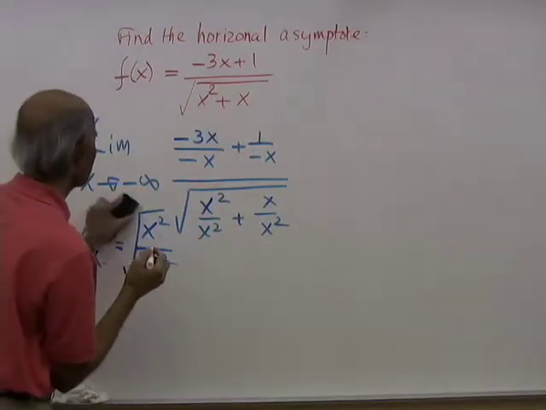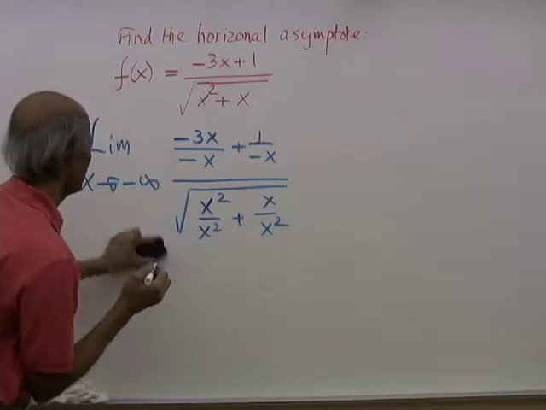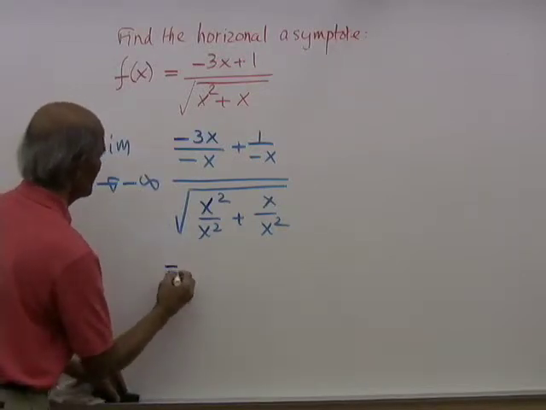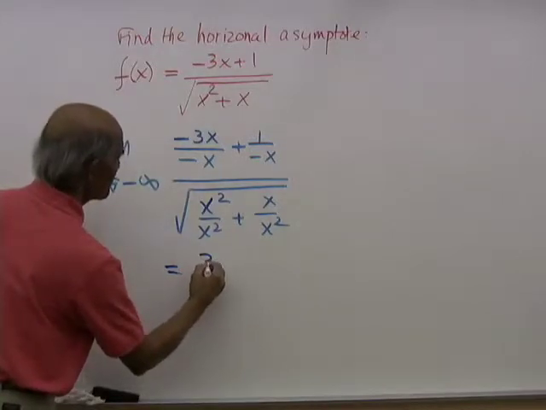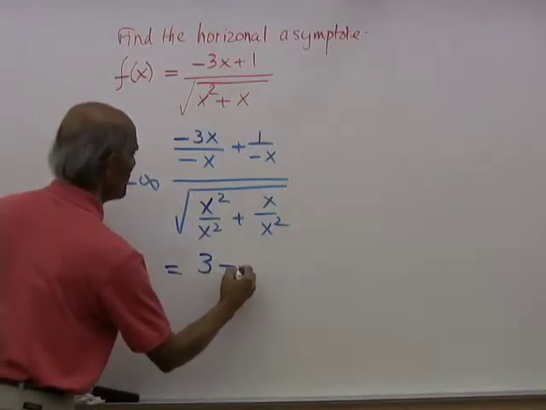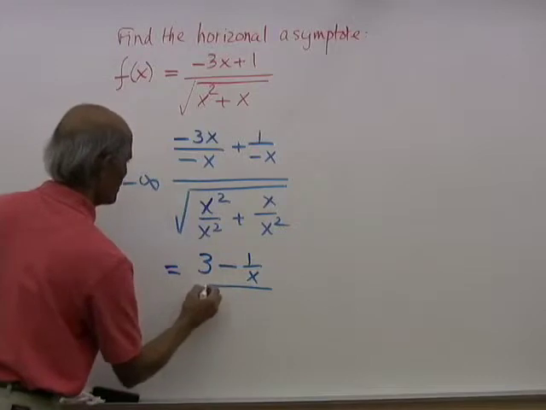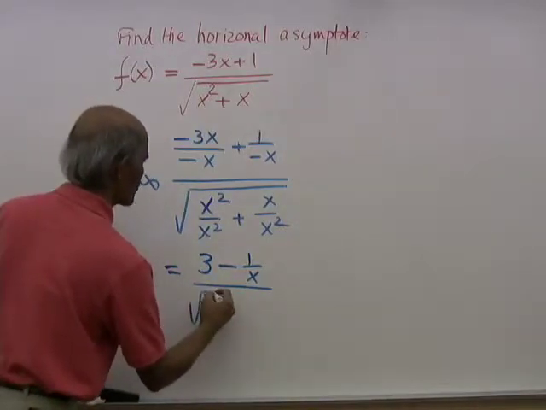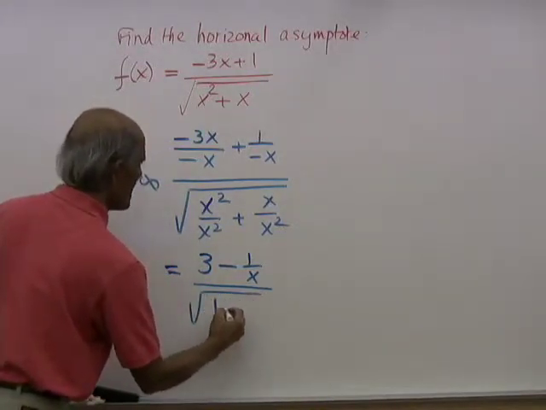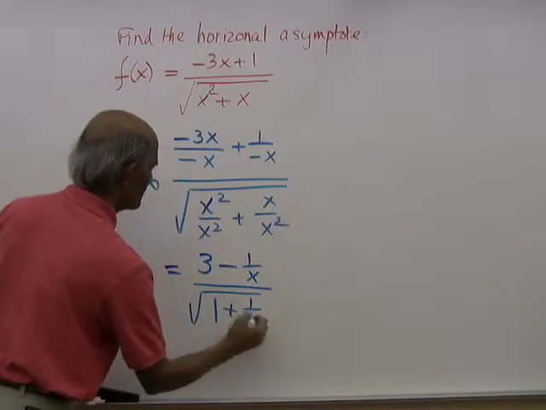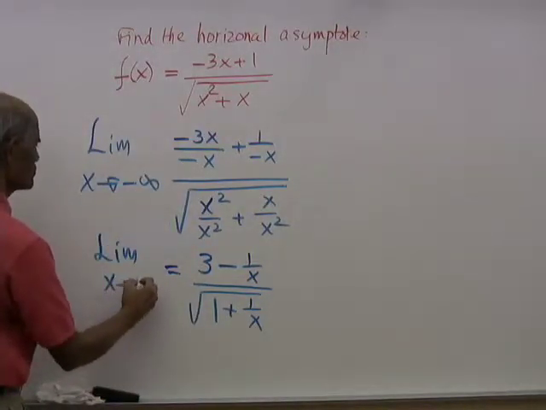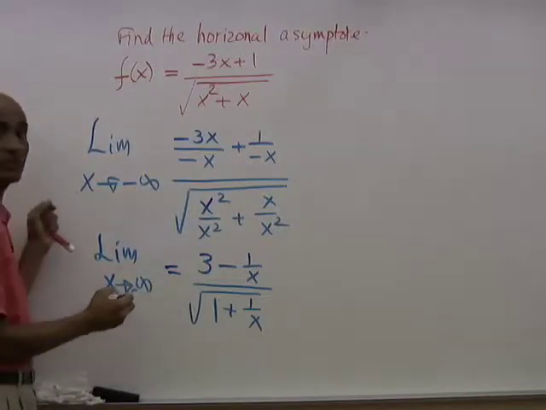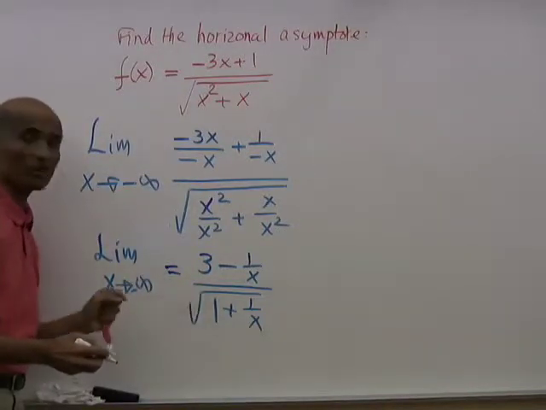And what is that equal to? That will be limit x approaches negative infinity of 3 minus 1 over x, all over square root of 1 plus 1 over x. That will be the limit as x approaches negative infinity of this quantity.